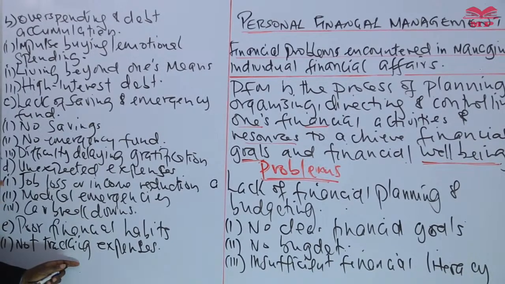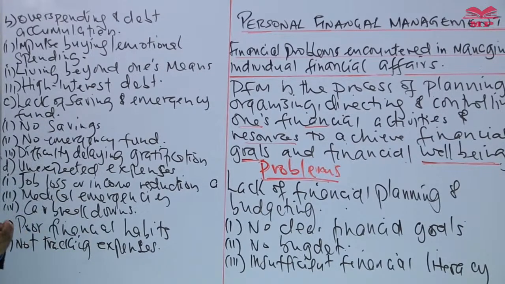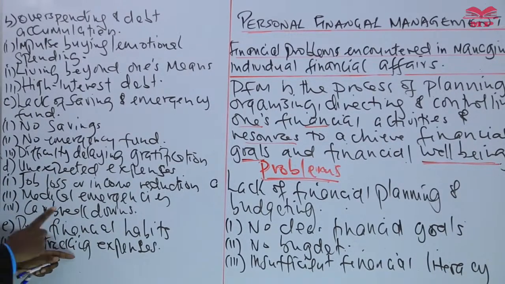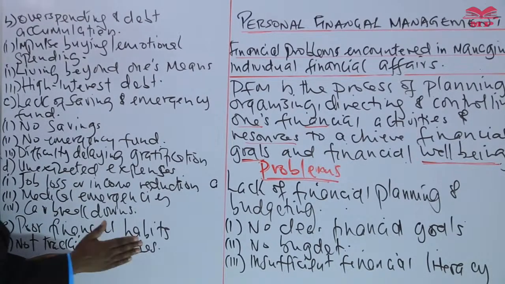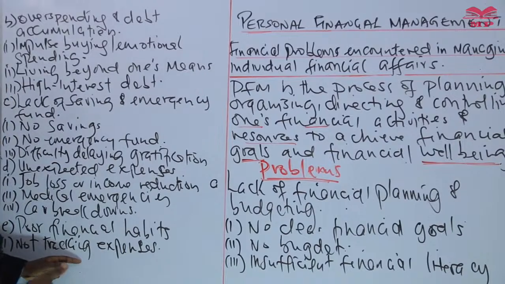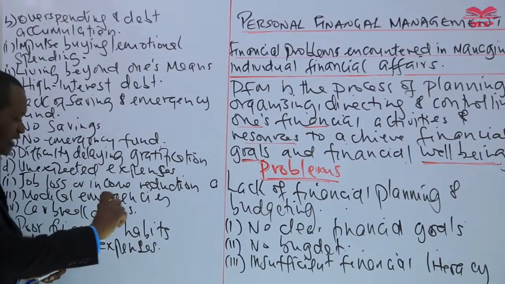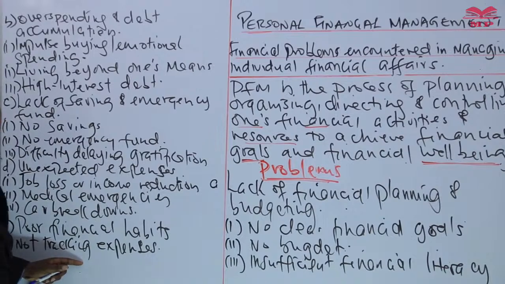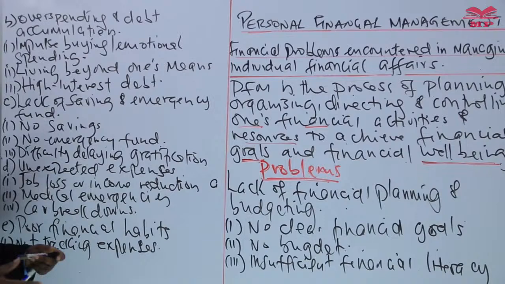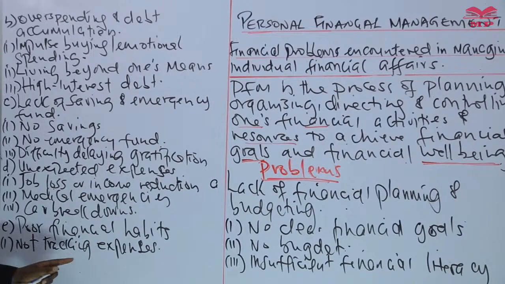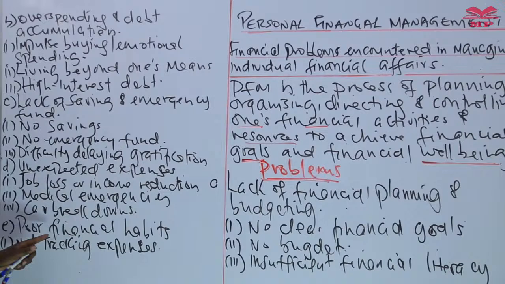Not keeping track of one's spending makes it difficult to identify areas where one can cut back. It's important to know what percentage of your income goes to, say, airtime, what percentage of income goes to food, what percentage of income goes to entertainment, and so on. Tracking expenses so that when it's necessary to cut back, one is able to know which expenses to cut back. So not tracking expenses is a poor financial habit.